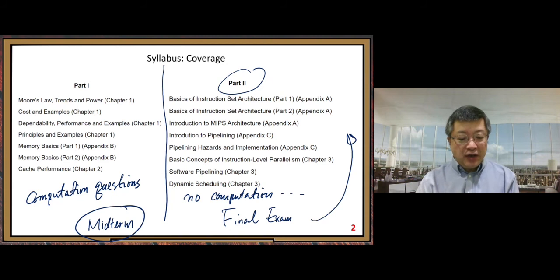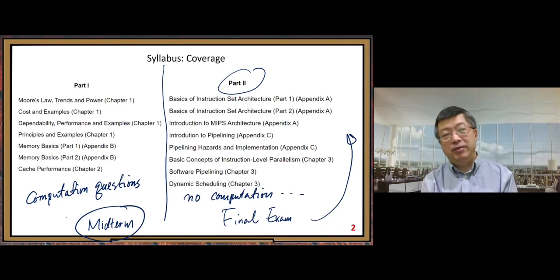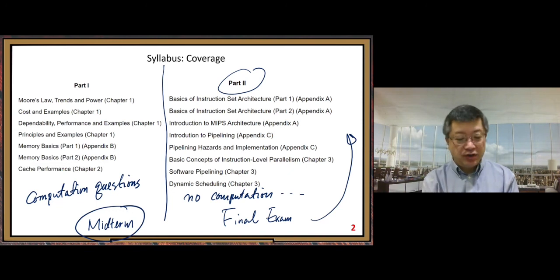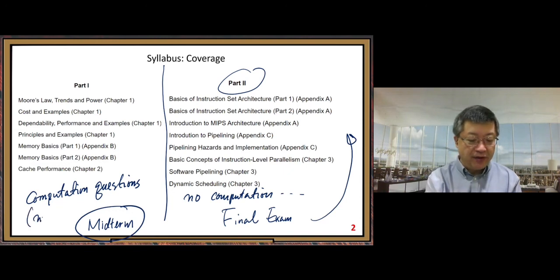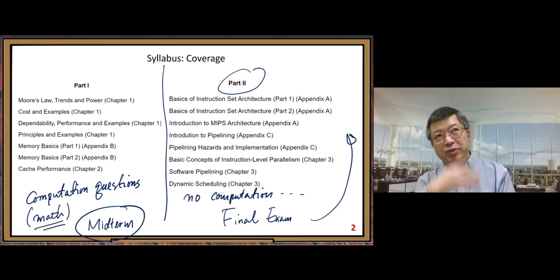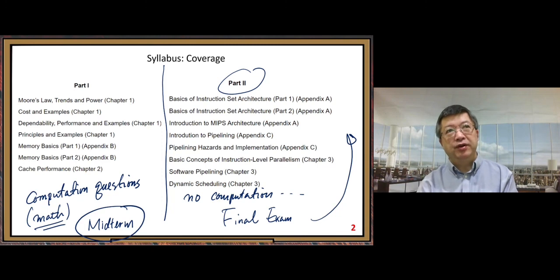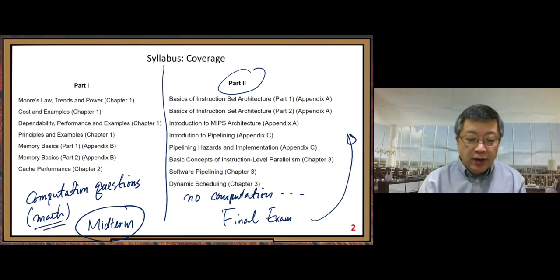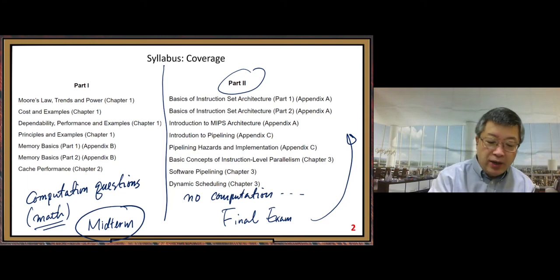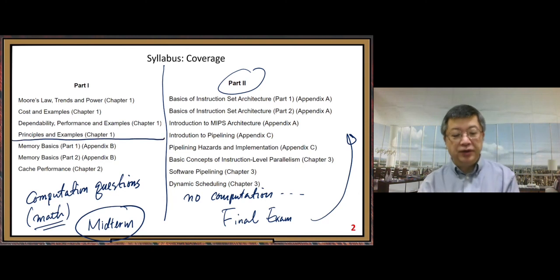So actually Part 1 is much harder, because in the computation questions you need to do a lot of math. Based on my experience, most students feel Part 1 is much harder than Part 2. Actually, it is. And Part 1, based on the content, I divided into two parts.